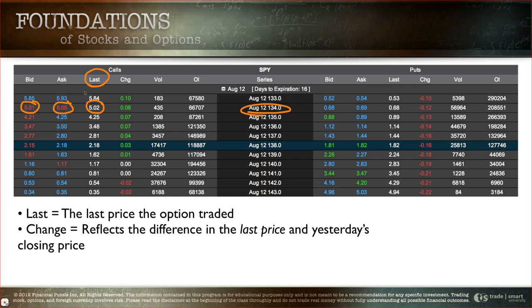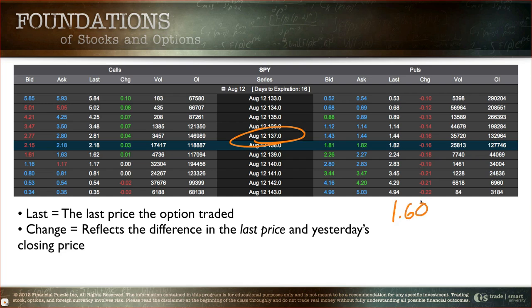Okay, and so you can always look in here and see what the last price was, and then the change, which is the next column. This is the difference between the last price, which was just transacted, and yesterday's closing price. So let's say that the 137 put option closed yesterday at, well, I will tell you where it closed. It was up 16 cents from where we are, so it was approximately 160.